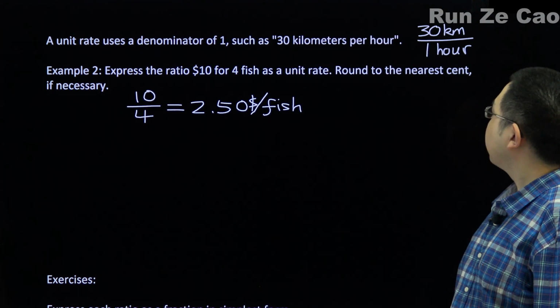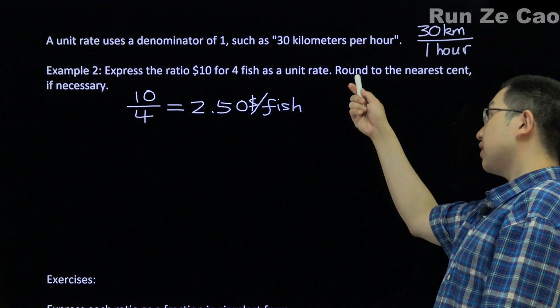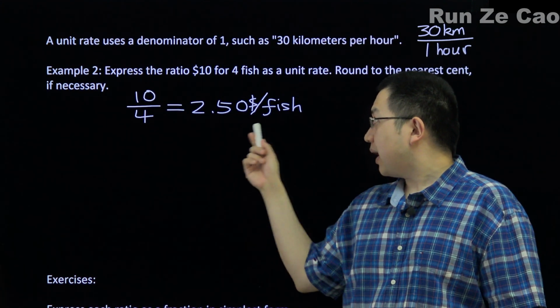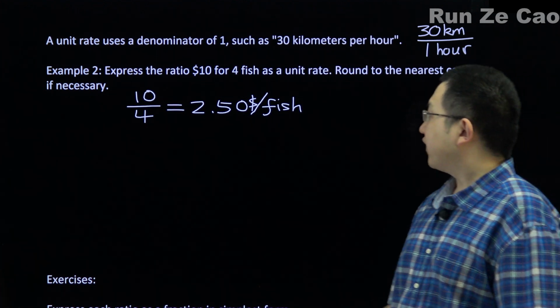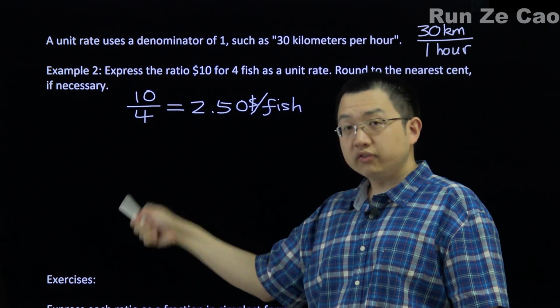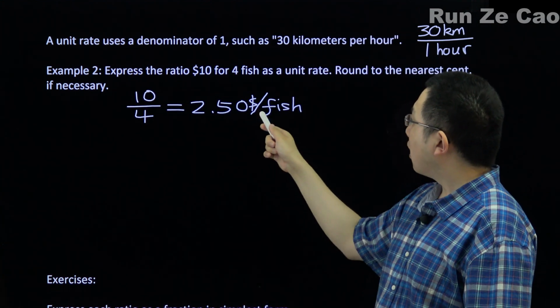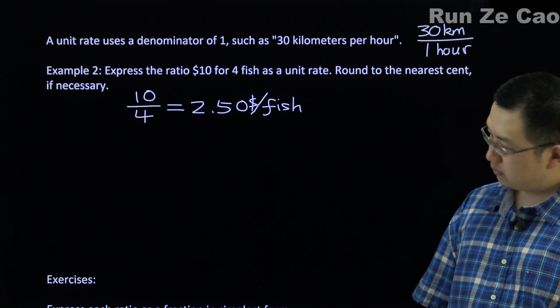Why is it 2.50? It's not because it says round to the nearest cent. It's because when you write amounts of money, if you don't have a whole number of dollars, like if you have, say, 50 cents or 40 cents, you write all the way down to the cent.